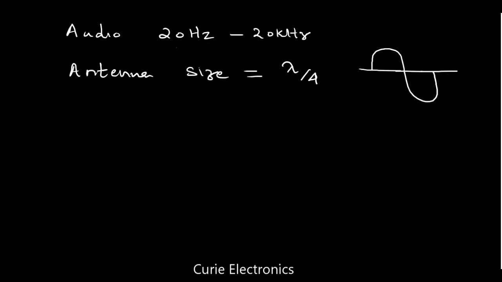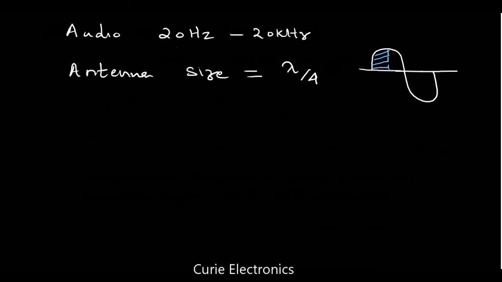So this is a sinusoidal wave. If you want to transmit the minimum information, we will transmit only this much part of it. Once we transmit only this much part, the remaining part we can reconstruct using this information, right?